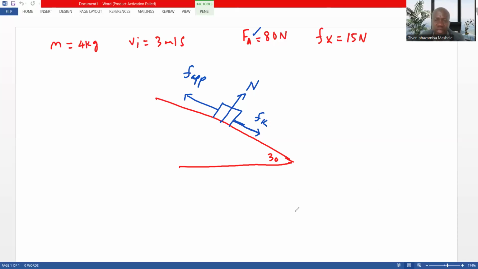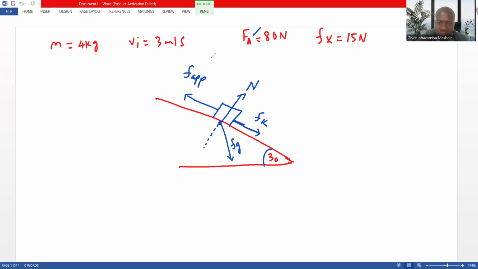And since we are dealing with an inclined plane, it means we'll have a force of gravity. The direction will be this side due to the slope. So this is our FG. And since this is the FG, the inclined angle here, 30 degrees, is the same as this one.